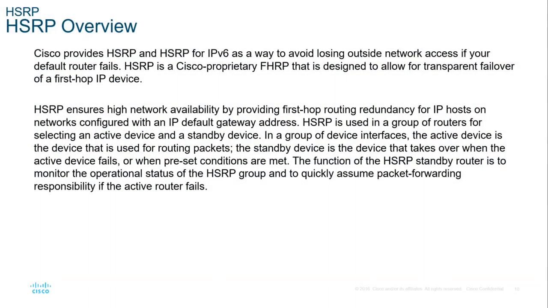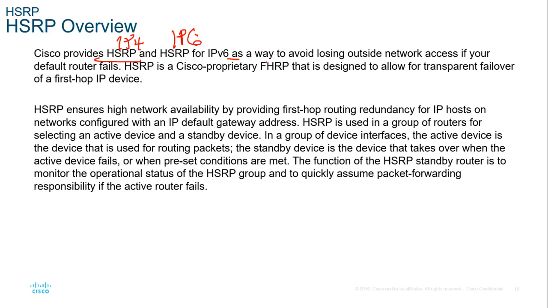Hot Standby Router Protocol overview. Cisco provides HSRP version 1, which is for IPv4, and then this is for IPv6, as a way to avoid losing outside network access if the default router fails.